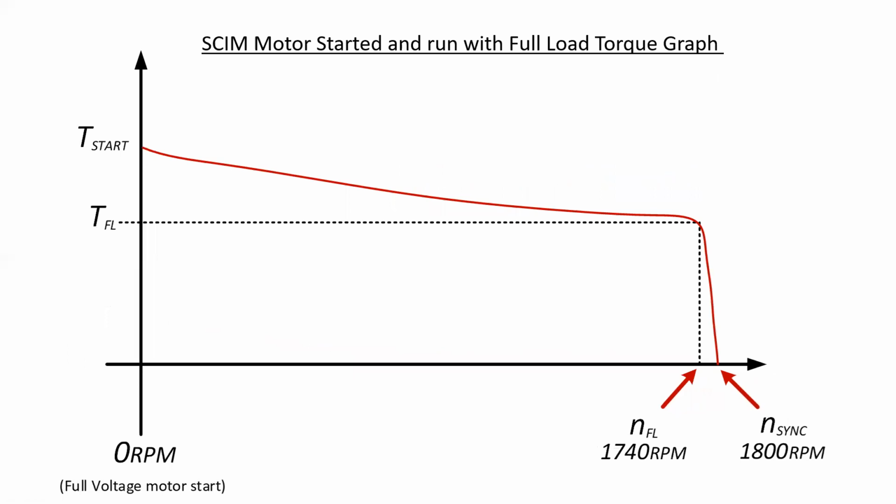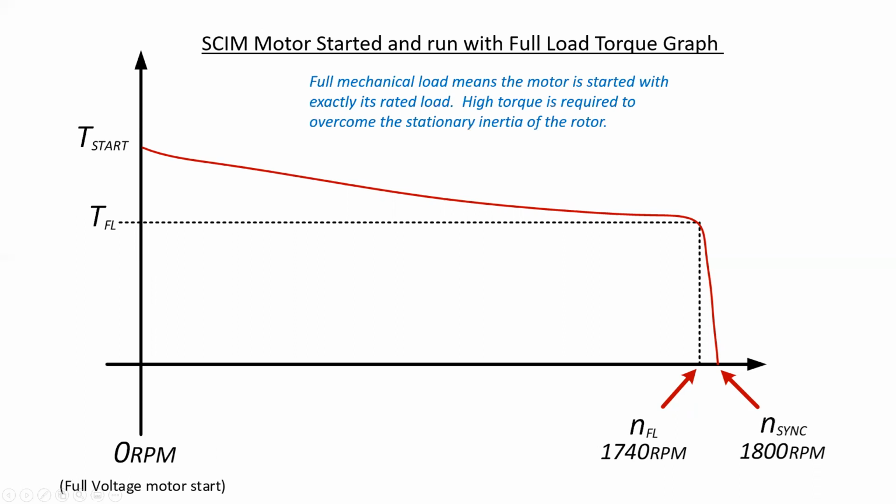This is a graph that shows a SCIM motor that started and run with a full mechanical load connected to it. Again, what we have is a full voltage start at 0 RPM, and there's a significant amount of counter torque that's being applied to the motor shaft. What this means is that the motor has to develop a significant amount of torque in order to overcome that, again, stationary inertia, which in this situation is quite high.